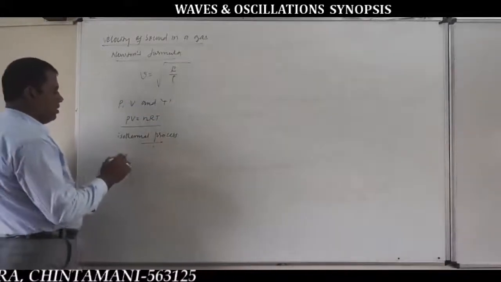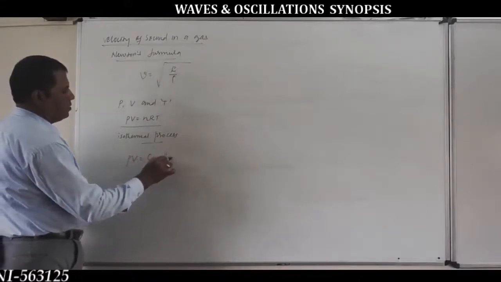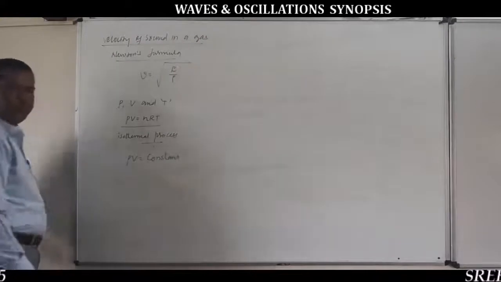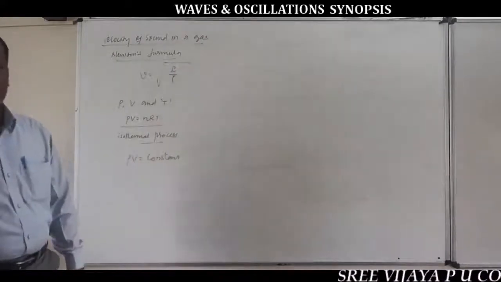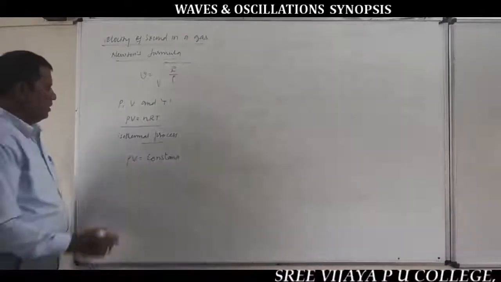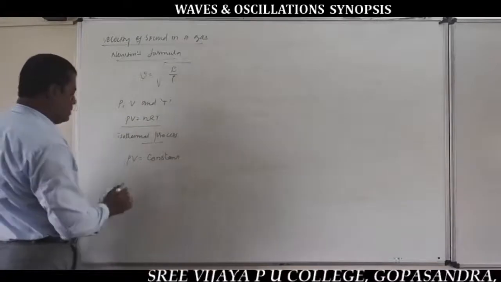So for an isothermal process, we can consider PV is equal to constant, because isothermal process means the temperature remains constant. Now you differentiate this equation with respect to V on both the sides.